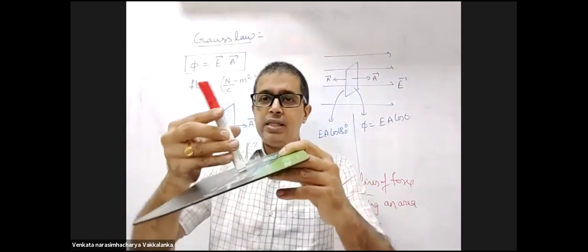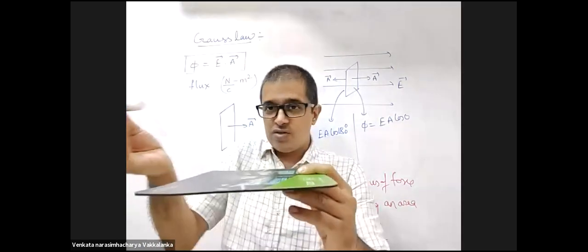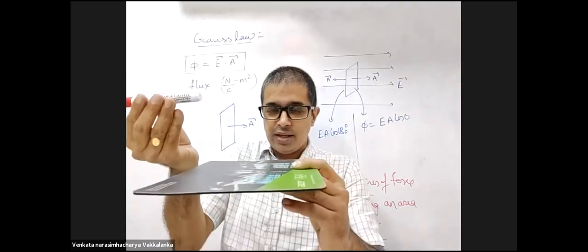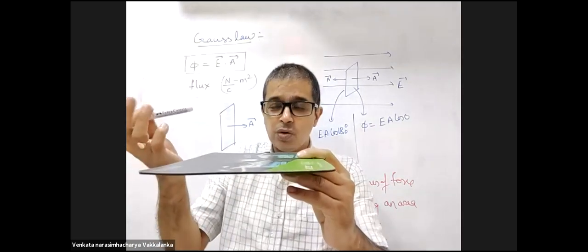Now see, electric field is this way. Is there any line intercepting this surface? No. So it is 0.